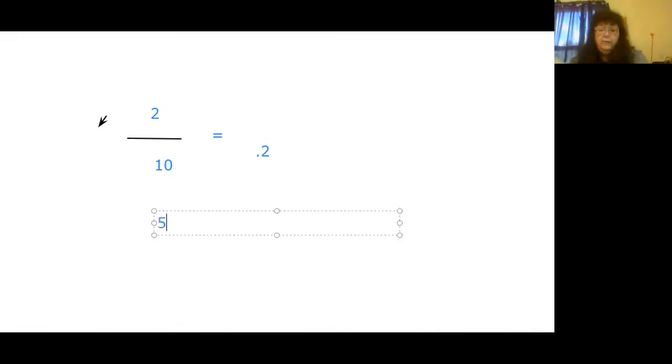If I have 5 over 100, that is going to look like 0.05 because you have tenths and then you have hundredths.